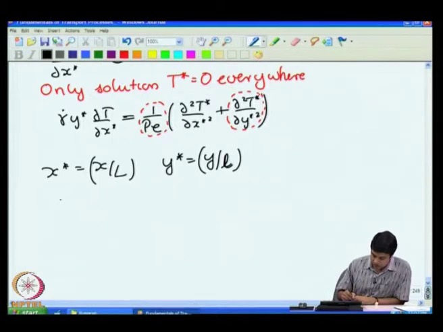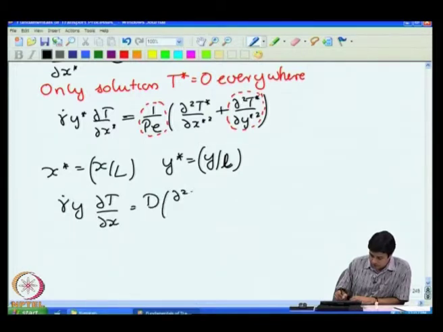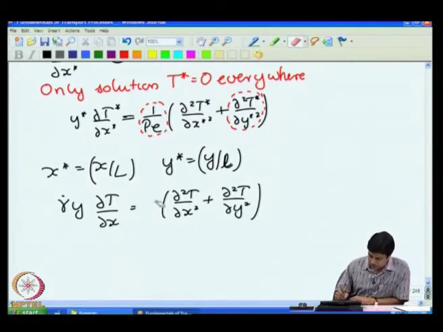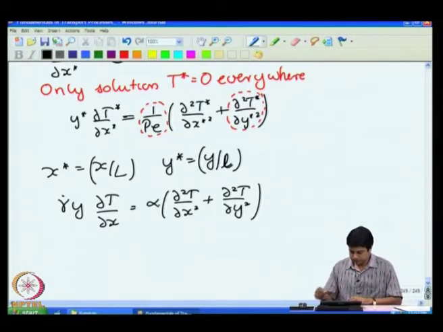So, my original equation was gamma dot y partial T by partial x is equal to alpha into partial square T by partial x square plus partial square T by partial y square. This should be the thermal diffusivity alpha.